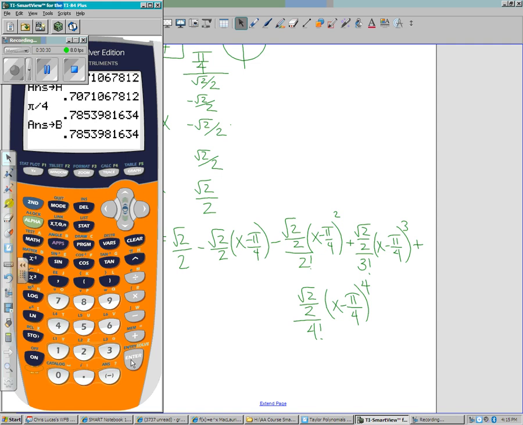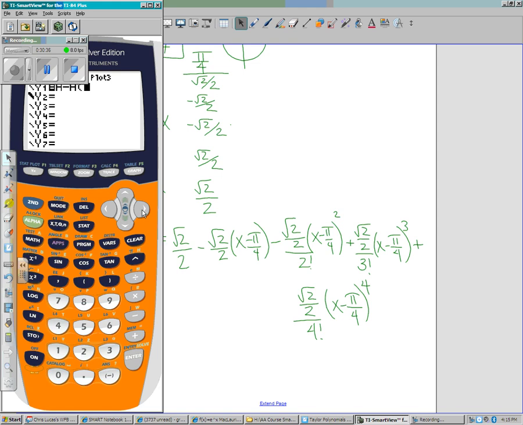Okay, good, and go back to y equals. So root 2 over 2 minus root 2 over 2 times x minus alpha B, minus alpha A divided by 2 times x minus alpha B squared.